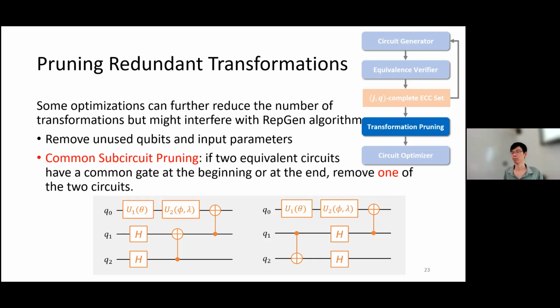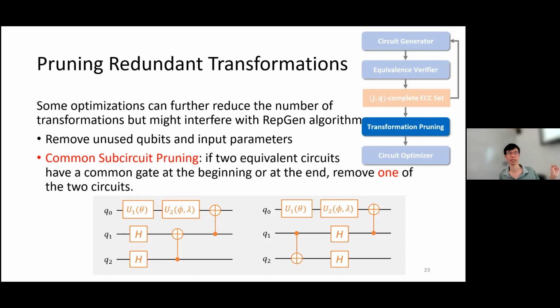We can observe this because they have a common gate. There's a CNOT at Q0 and Q1 at the end. If we find cases like this, then we know that our ECC set already contains the two Hadamard and the CNOT when it was generating the circuits of size equal to 3.